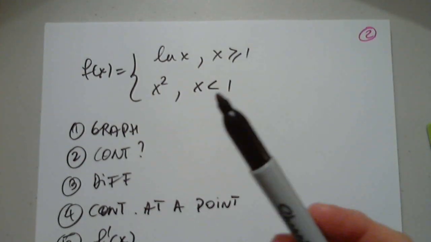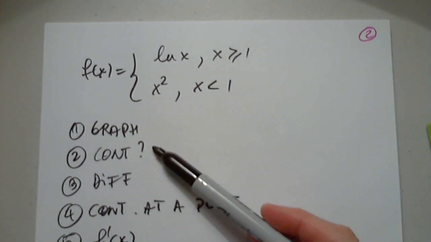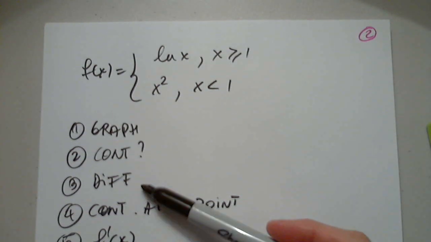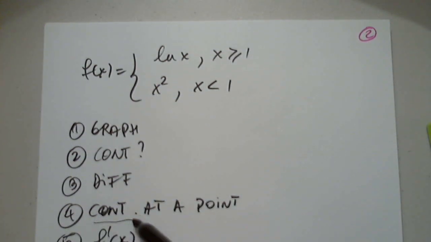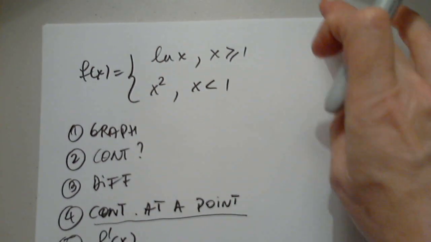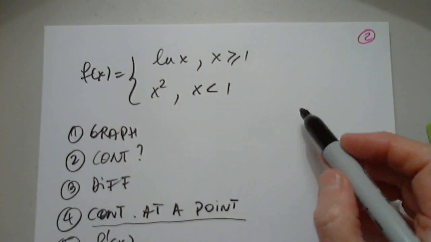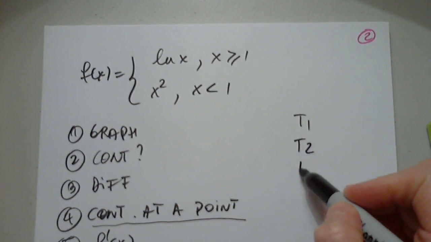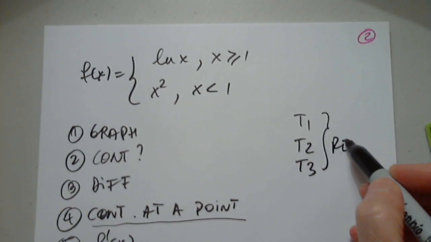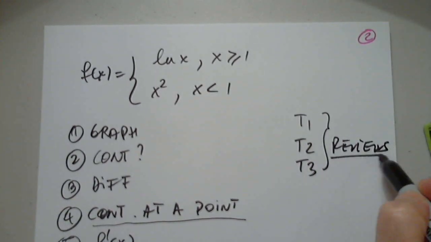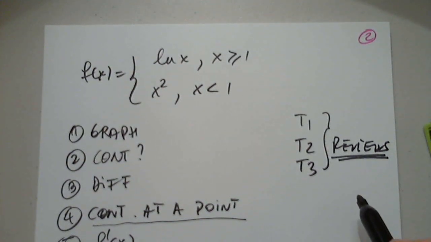It deals with algebra, graphing, the concept of continuity, the concept of differentiability, the definition of continuity at a point. We've done all these, and I strongly encourage you to review the test 1, test 2, and test 3 reviews, definitely before the final.